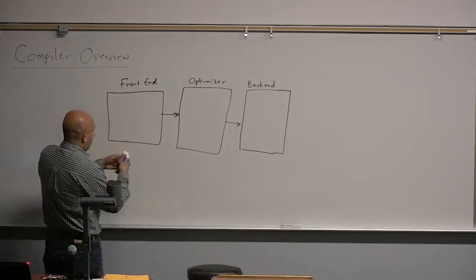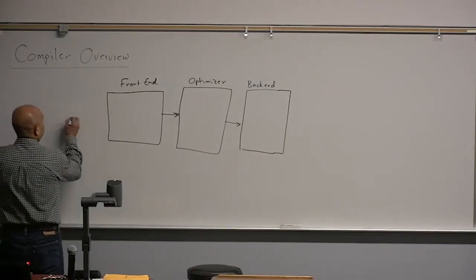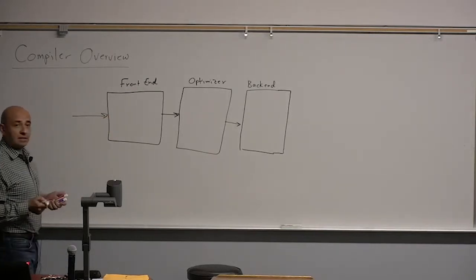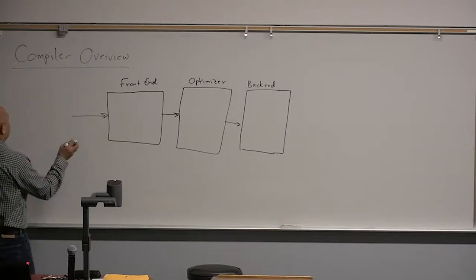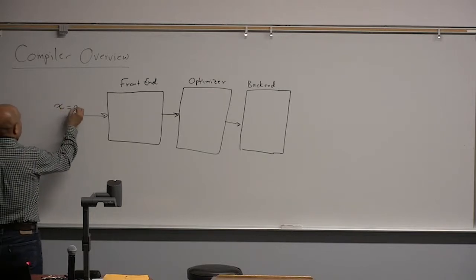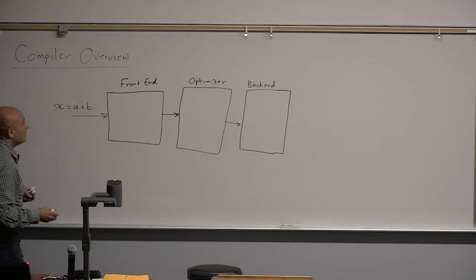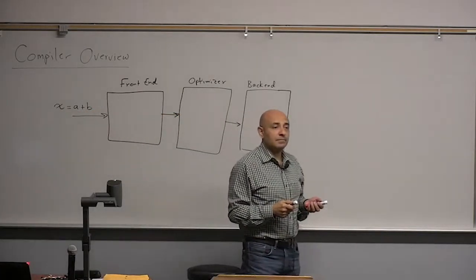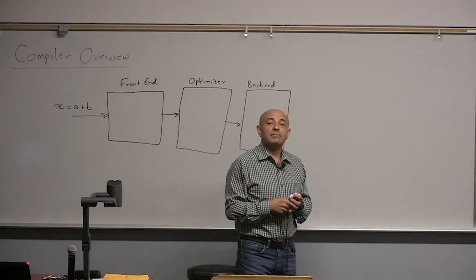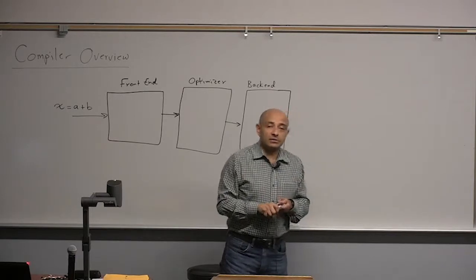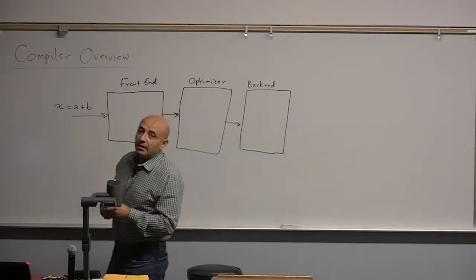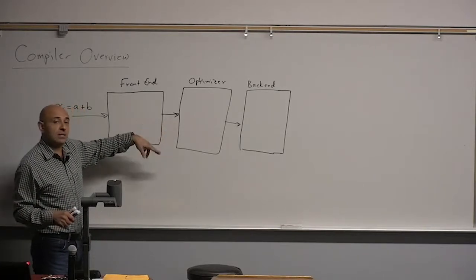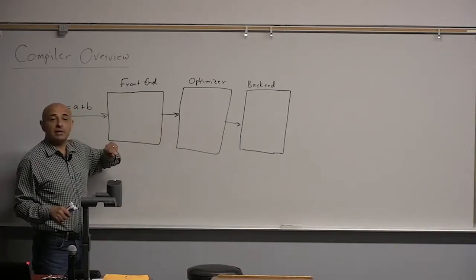So the front end will take the high level representation, the source code, like x equals a plus b. And then what will the front end produce? Syntax tree, abstract syntax tree, an intermediate format. And what's the specific intermediate representation that we mentioned last time?